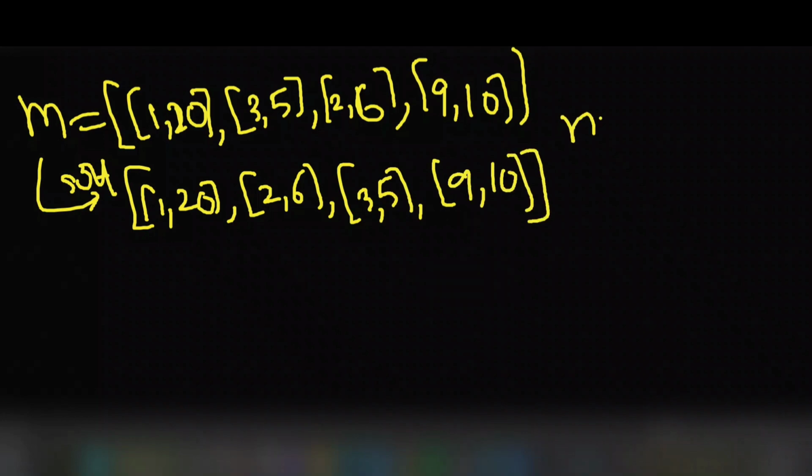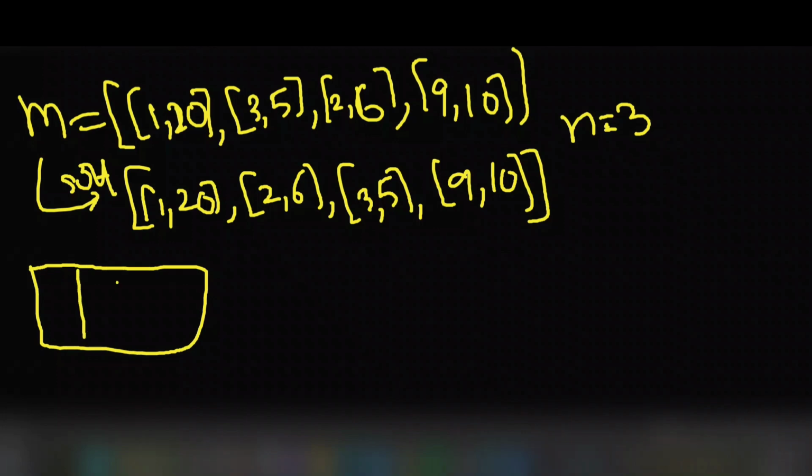Okay, so there are three rooms. Let's take a count array and initialize it with zeros, as we have no meetings initially.